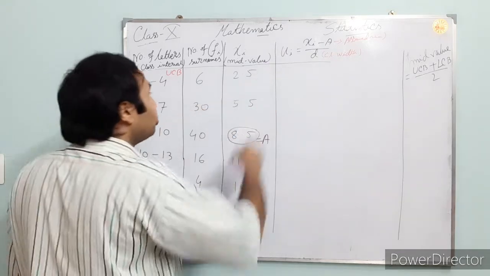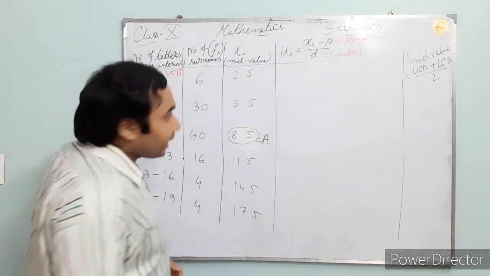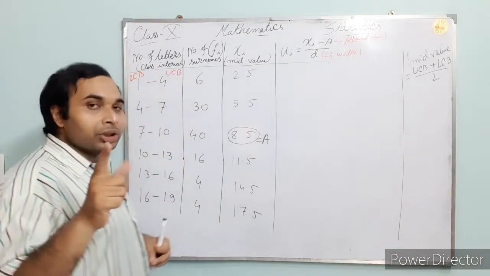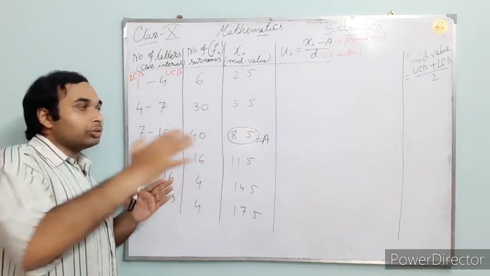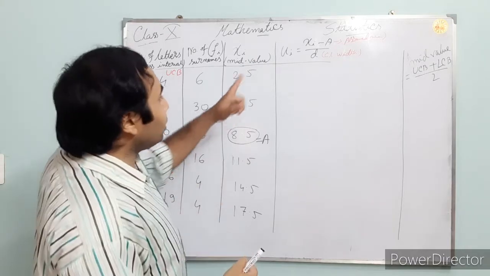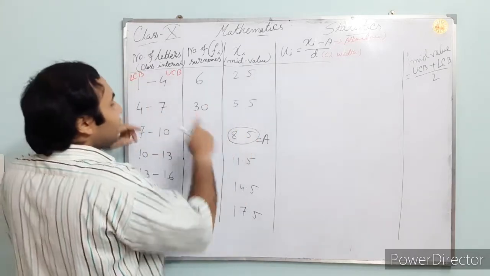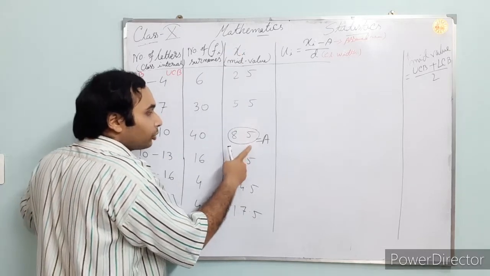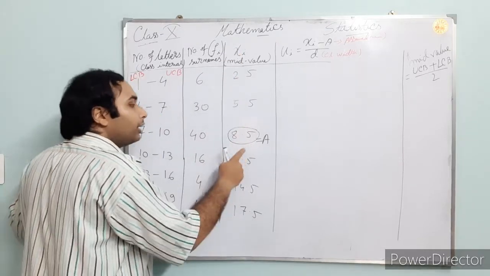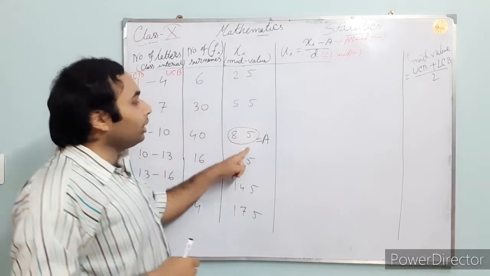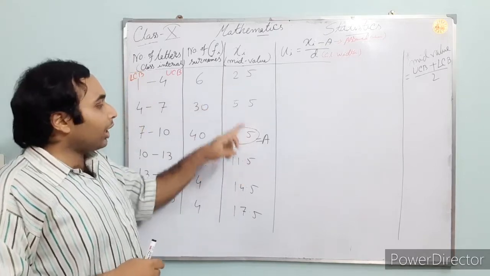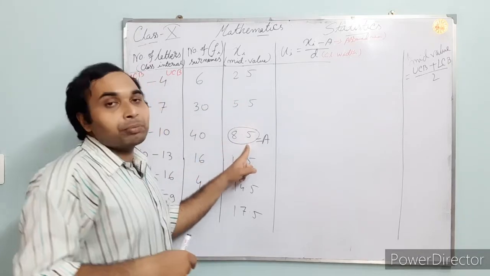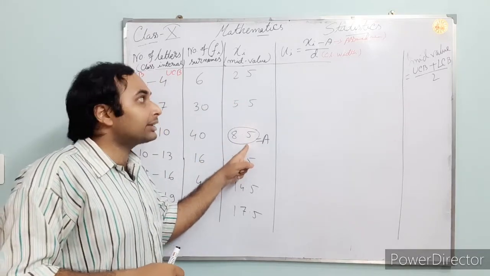Let us find ui here. ui means xi minus A by D. Only one calculation we will do and all the others will come in symmetry. So xi minus A, xi are those, A is this one. So 2.5 minus 8.5, it will come minus 6.